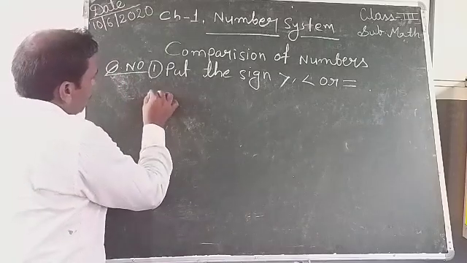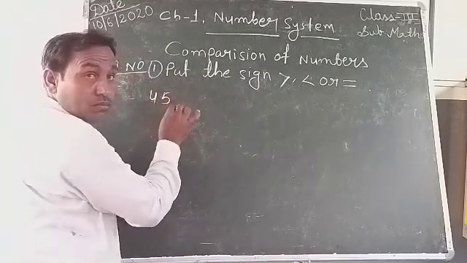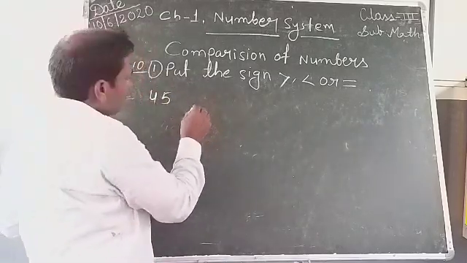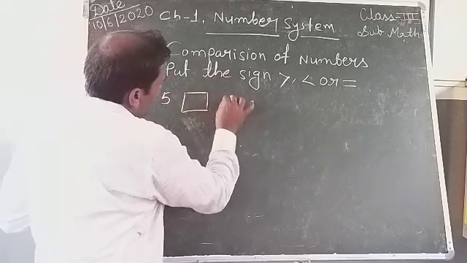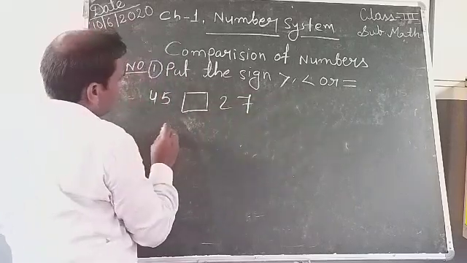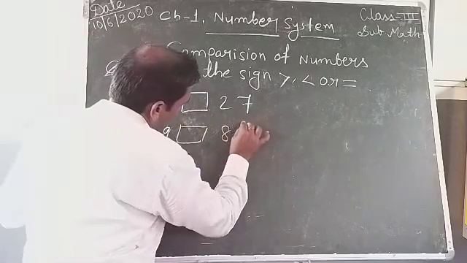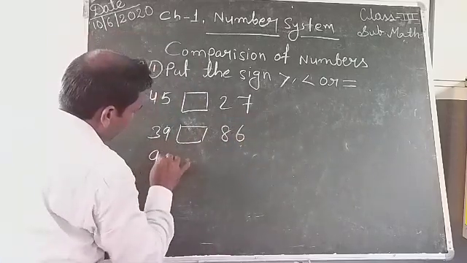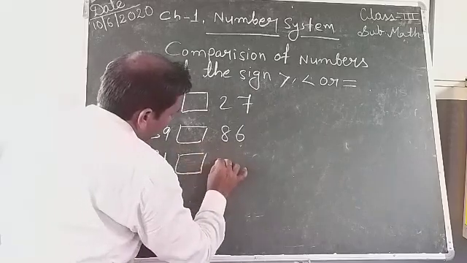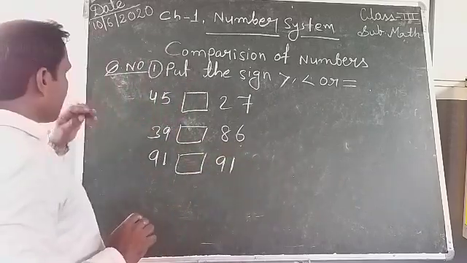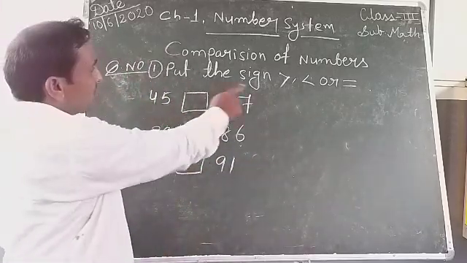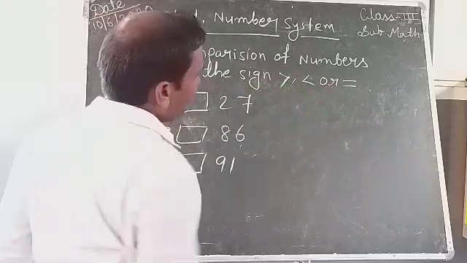Here is 45 and 27, 39 and 86, 91 and 91. These are 3 examples here. You put the sign greater than, less than or equal.